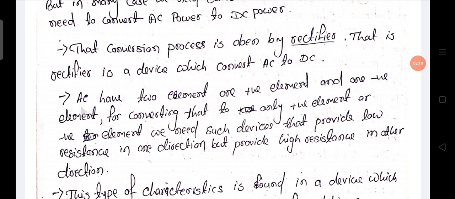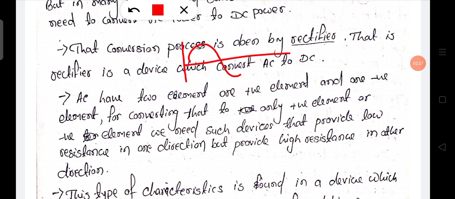This is an AC signal, and it contains one positive part and one negative part.